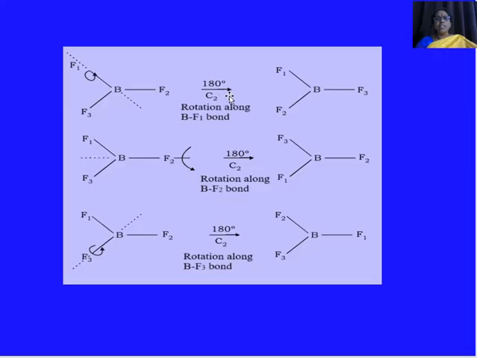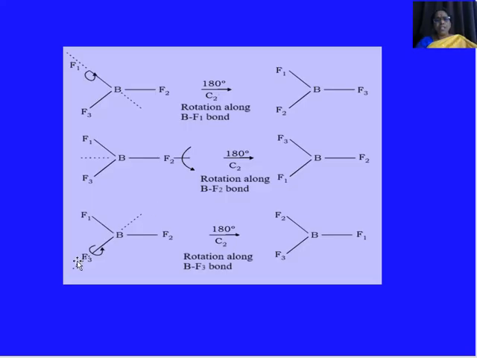Along with the C3, we have 3 C2 axes of rotation for the BF3 molecule. That is, if we choose an axis passing through boron and the F1 bond and rotate by 180 degrees, the other two fluorines will interchange their positions, and we get an equivalent configuration. Similarly, if we choose a line passing through boron and F2 and rotate through 180 degrees, the other two will interchange, and we get the equivalent configuration.